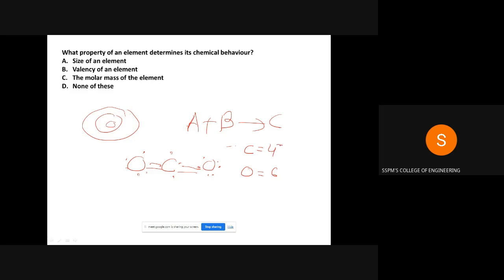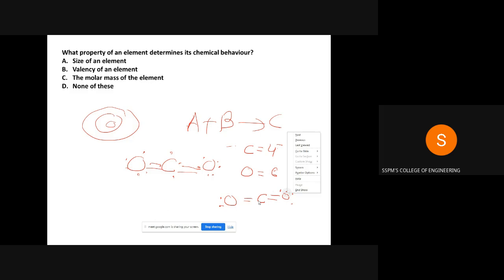These 4 electrons combine with the oxygen and form C double bond O, and the remaining oxygen has 2 valence electrons. Why are 2 remaining? Because out of 6 electrons, 4 are present in the double bond, so only 2 electrons remain.